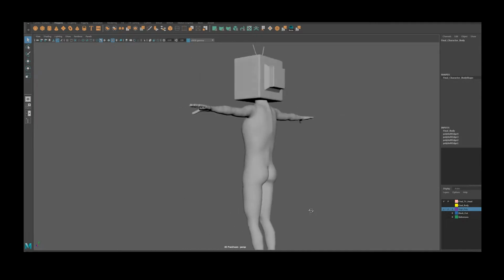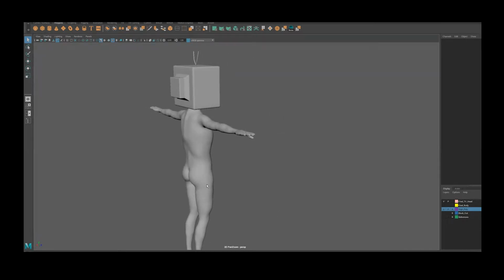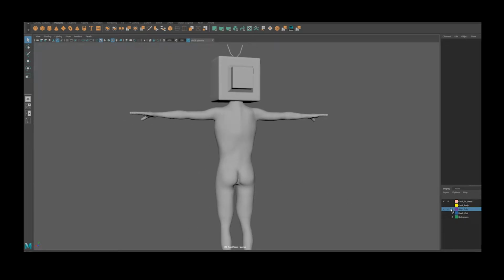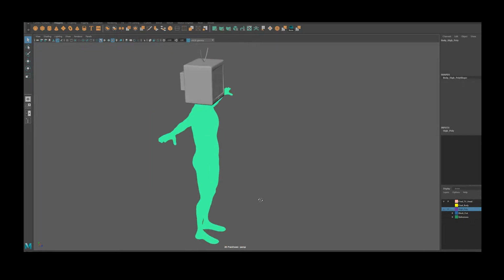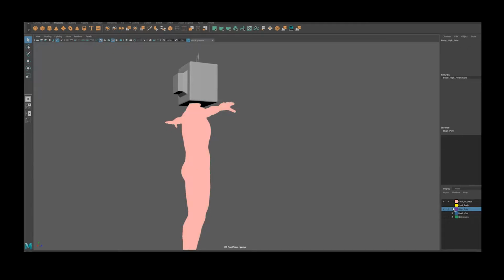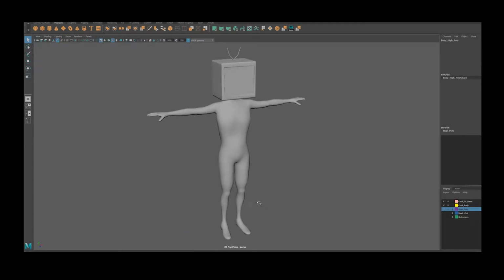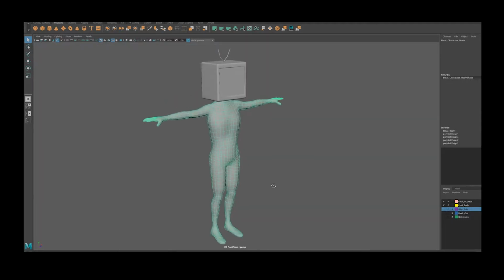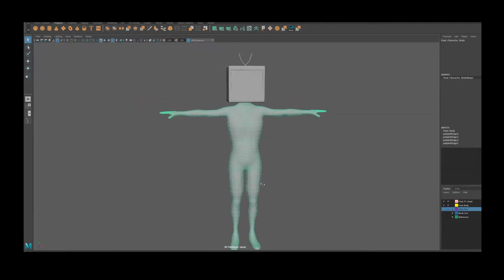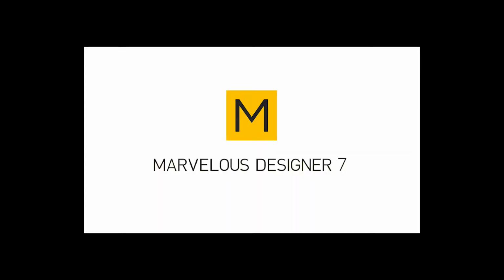And then I took the block out of the rest of the body into ZBrush and sculpted it in there after dynameshing it, and then took it back into Maya, where I retopoed it using the quad draw tool. And then after that, I used Marvelous Designer to make the clothing for my character.